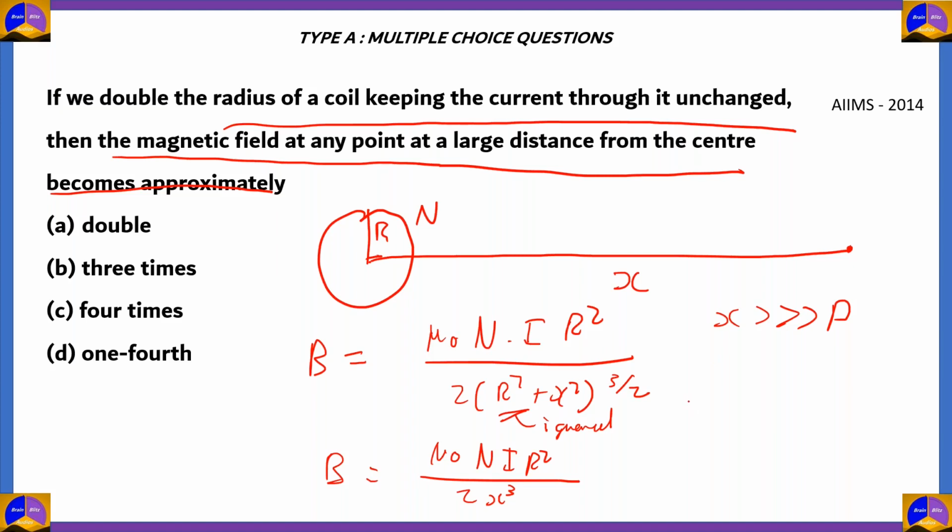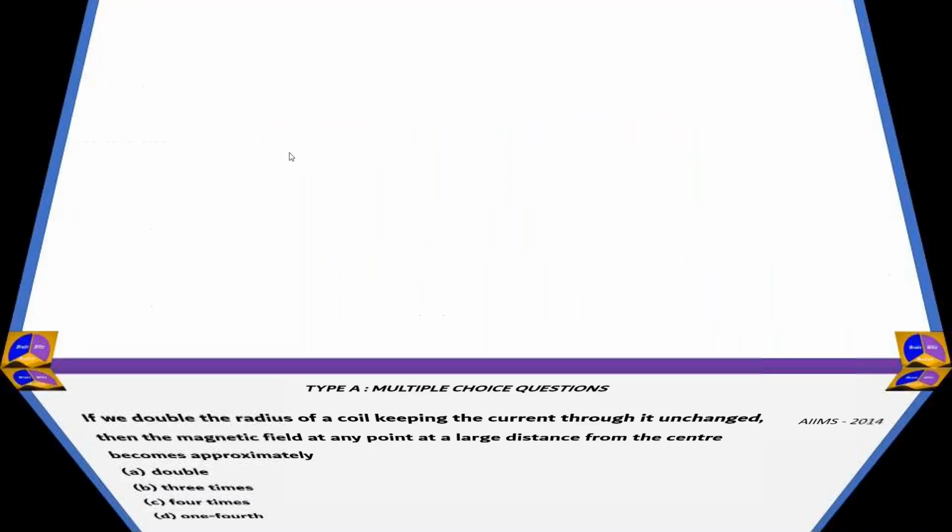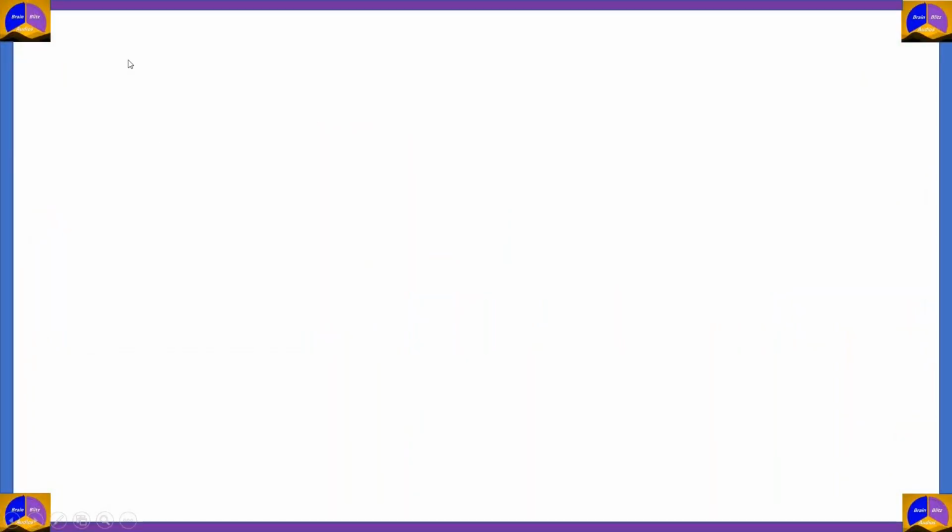So the square and the by 2 get cancelled, giving 2x cubed. So B is equal to mu naught N I divided by 2x cubed, times R squared.